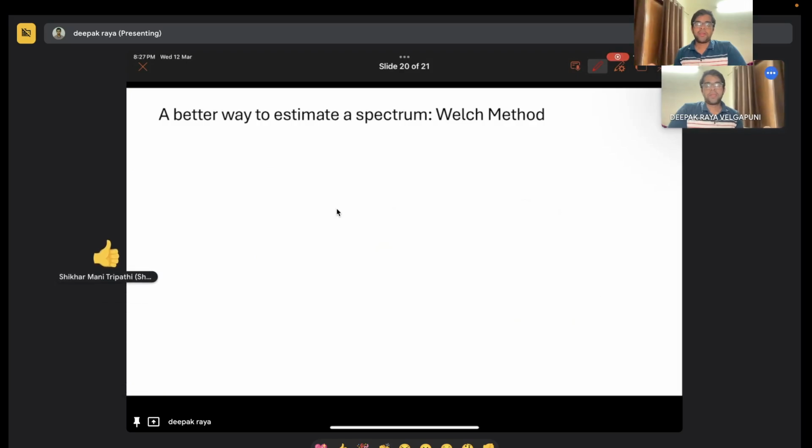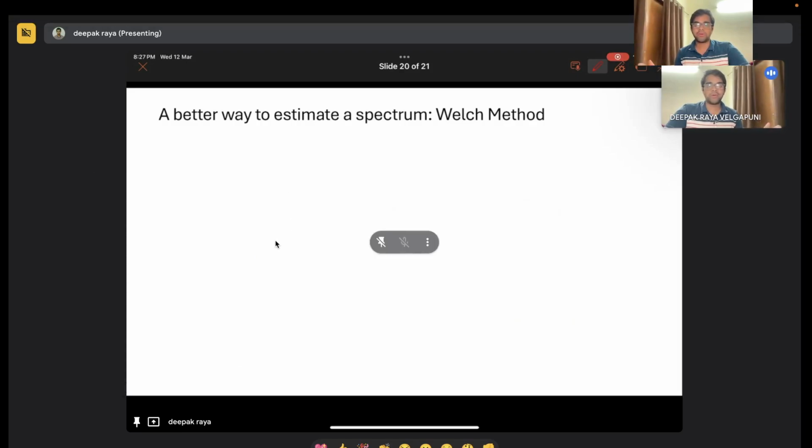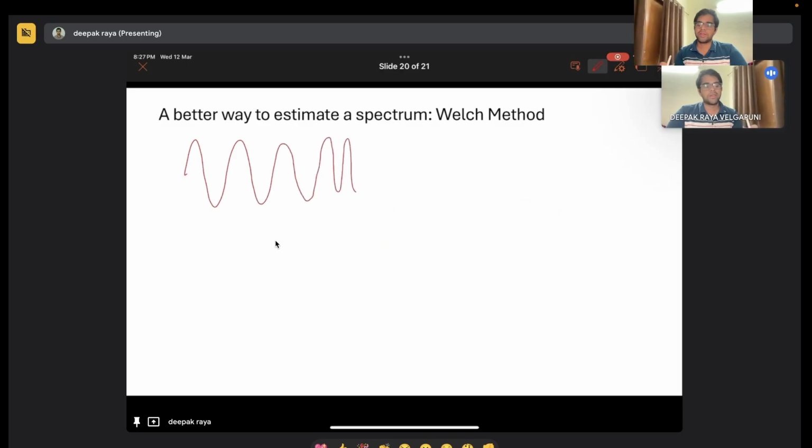There are also better ways to estimate a spectrum. I'll take another 10 minutes and show one demo to the end. Let's say you have a signal with low frequencies first, and then it goes faster, faster, faster, and again slower, slower.